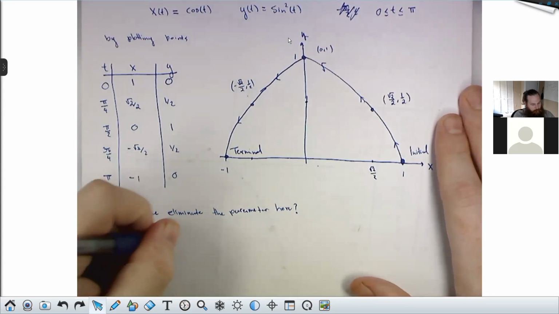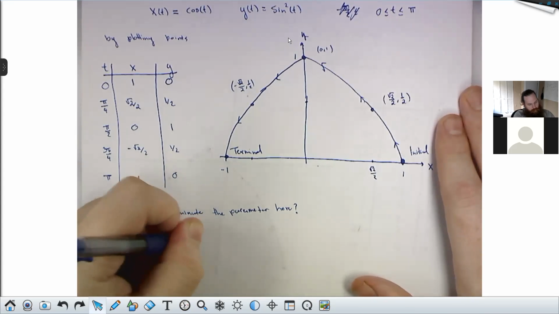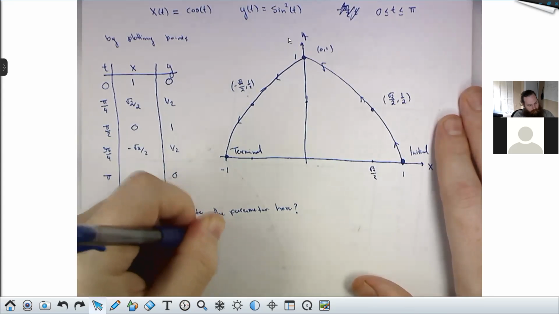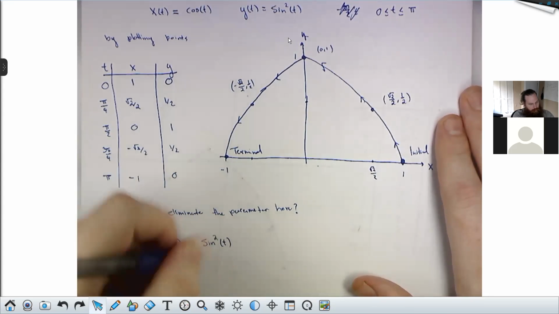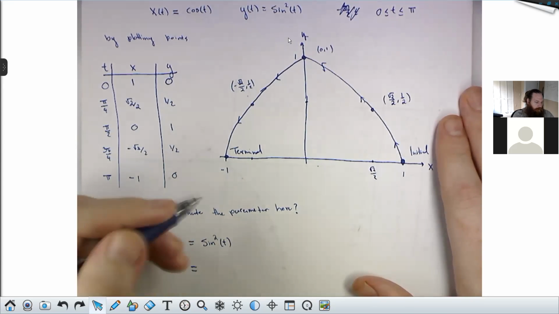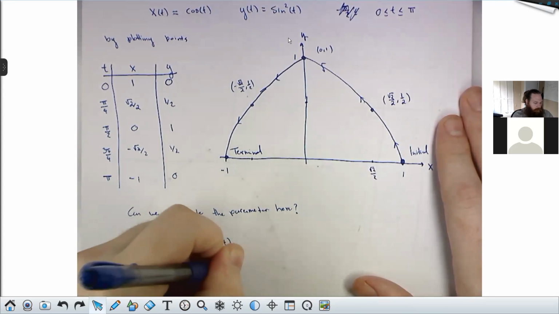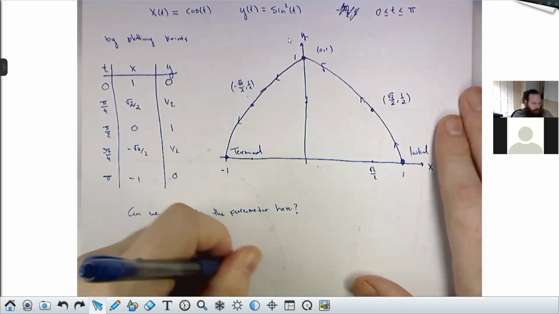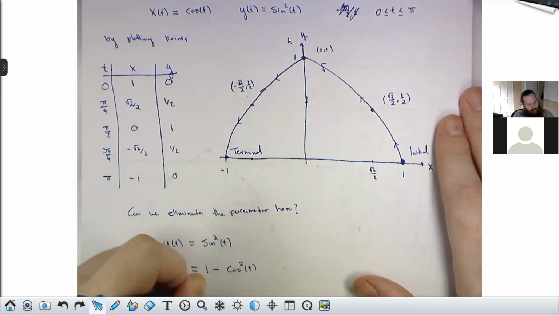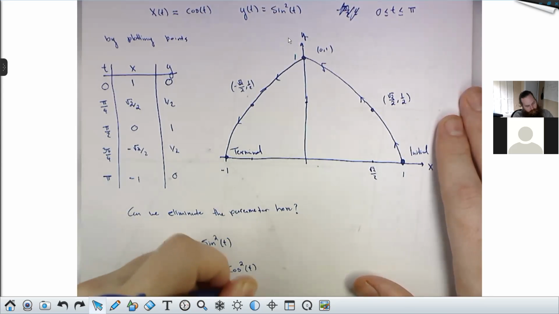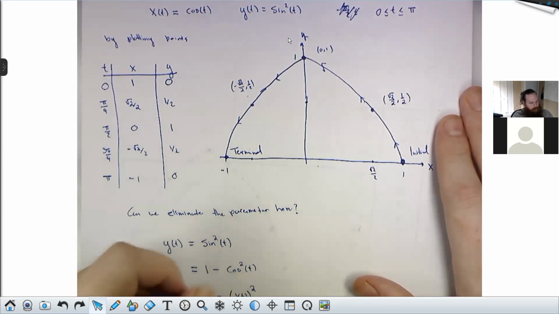Well, here y of t is sine squared t. And by the first Pythagorean identity, sine squared t is 1 minus cos squared t, which is 1 minus x of t all squared. So this is y equals 1 minus x squared.